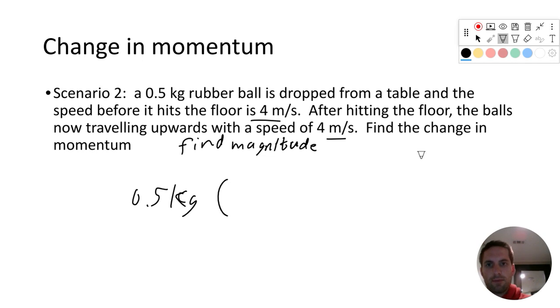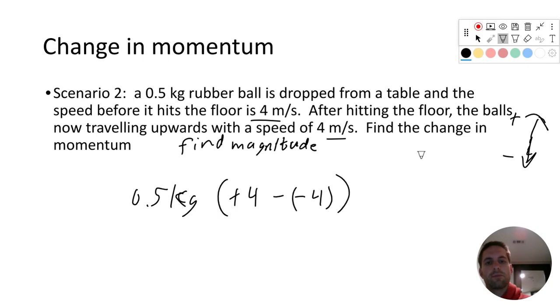Change in momentum: going down initially, hitting down in the floor, we'll say negative is downward and positive is upward. So negative for initial, minus final, positive for going up.